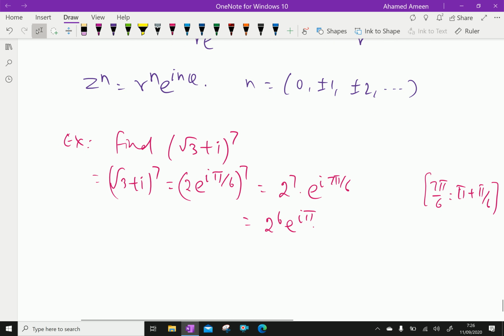So 2 power 7 can be expressed as 2 power 6 and e power i pi into 2 power 1 e power i pi by 6.